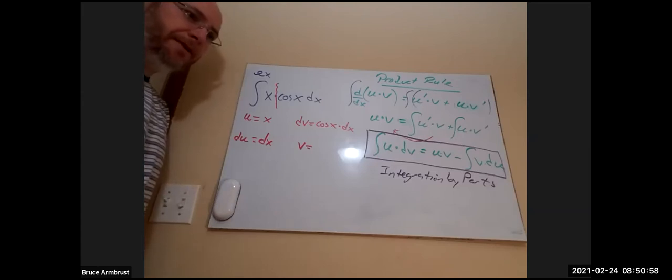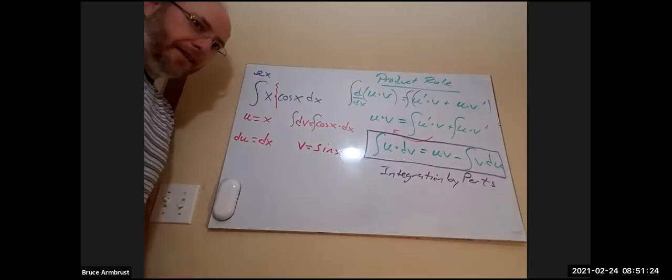Anybody see what I need to do here? Just integrate cosine x dx. Yeah, I'm going to integrate my dv. Right? Because if I integrate dv, that gives me v. So I'll integrate my cosine of x.